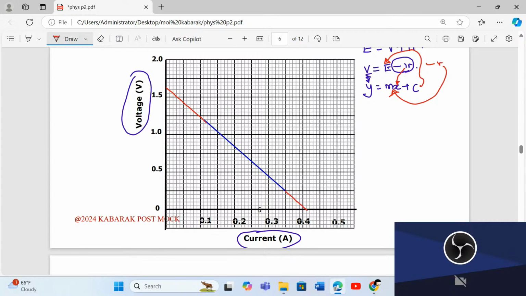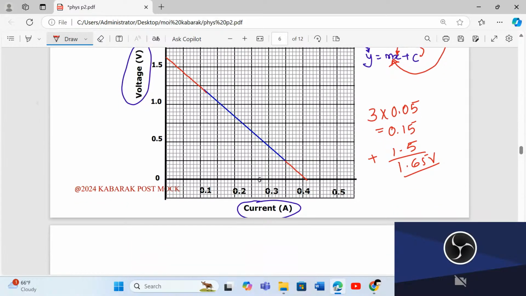So the next value will be 3 small squares, and this is 3 times 0.05. This will be 0.15, then plus 1.5, we arrive at 1.65 volts.